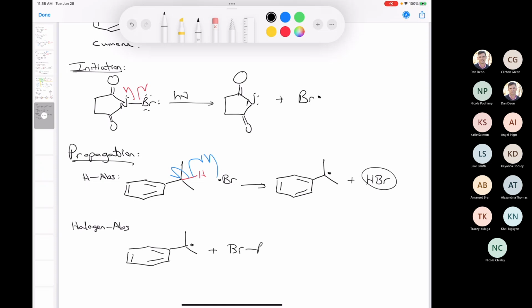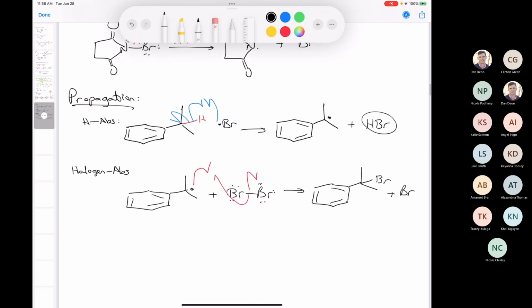You only need one molecule for every molecule, right? So we're going to end up forming the carbon-bromine bond, and we form a bromine radical like this. So now we've got the only product we're going to make, which is this. Plus, we end up with a bromine radical.